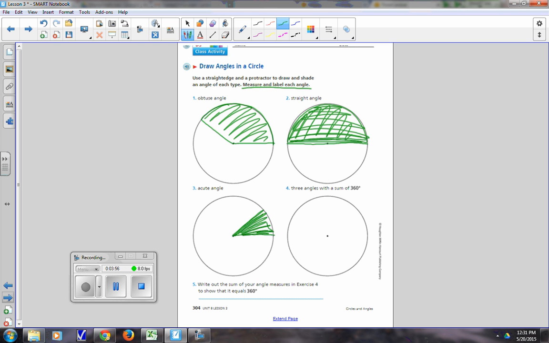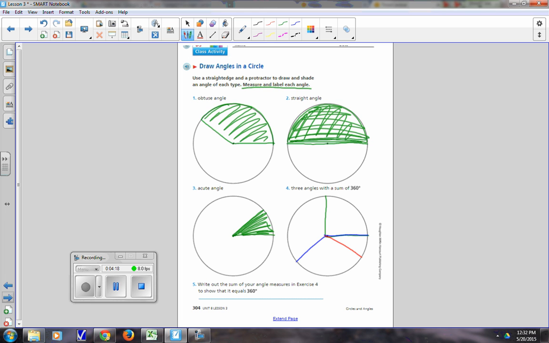Then it says 3 angles with a sum of 360. So you might do one like that. One like that. And then one like this.